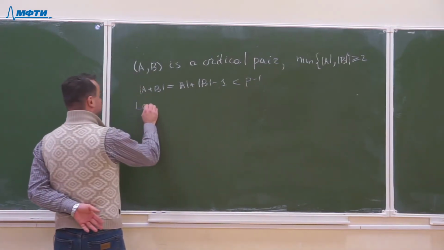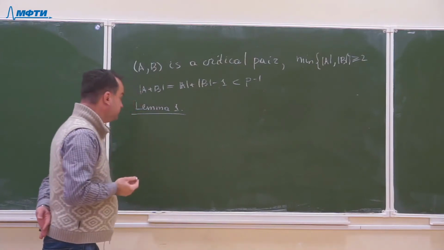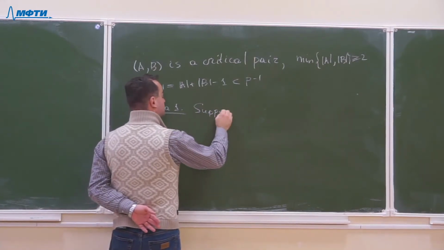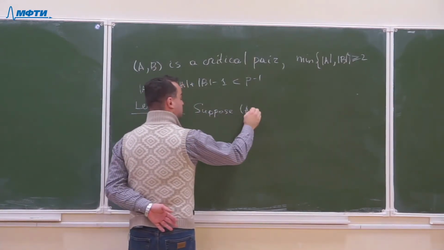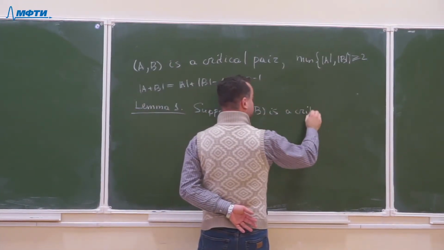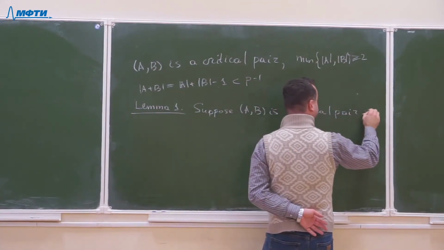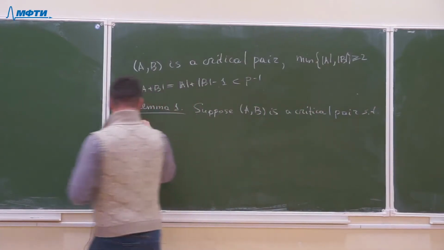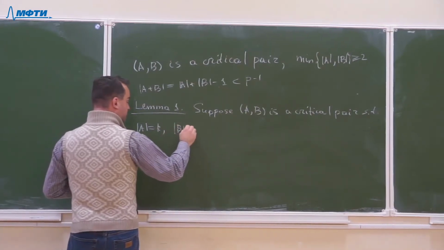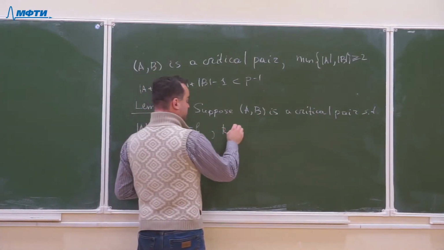Lemma 1. Here follows a chain of lemmas. The first lemma is: suppose (A, B) is a critical pair such that A has cardinality k, B has cardinality l, both k and l at least 2.